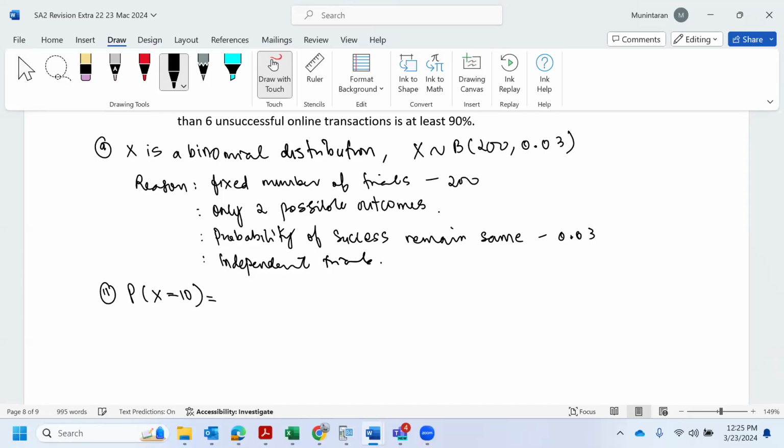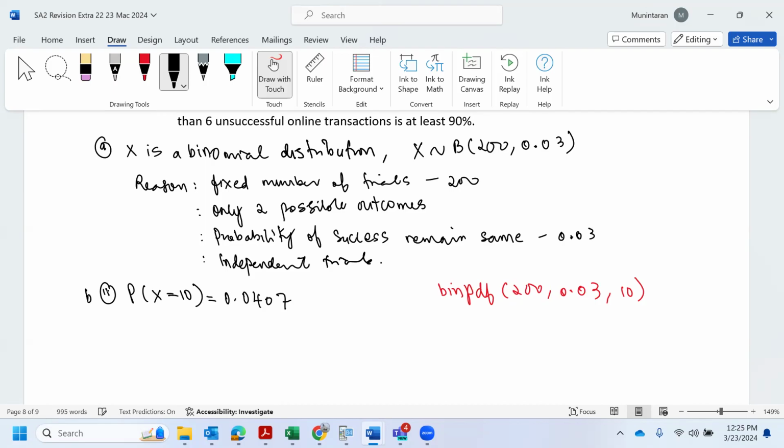So you can use your binomial PDF, right? In this case, binomial PDF, N is 200, success is 0.03, and X is 10. So that gives you the answer 0.0407. Assume that you wanted 4DP. For accuracy, read the question.